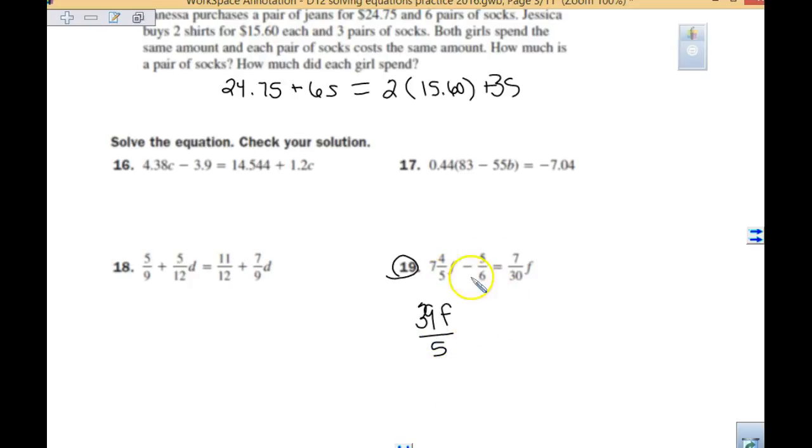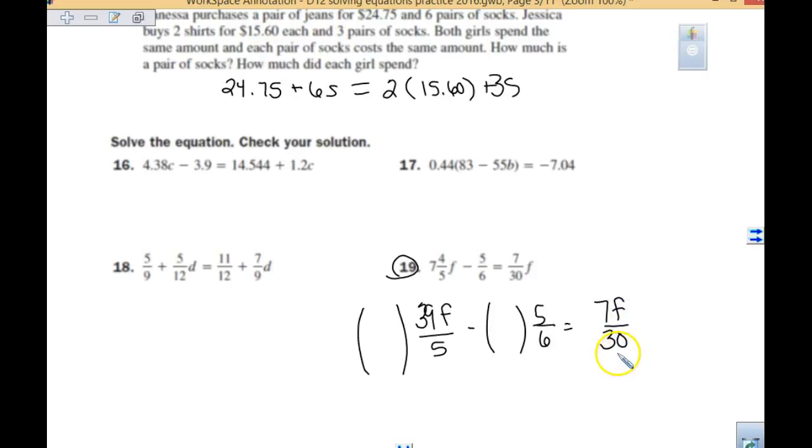Now, knowing that, I look at the rest of these, and I'm just going to leave some space so I can show what I'm going to multiply by on each one. Minus, I'm going to show my multiplying with 5, 6, equals, and when I do this one, I want to leave the 7 and I put the F on top over 30.